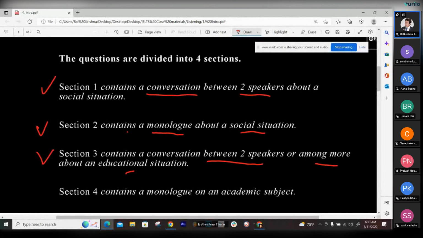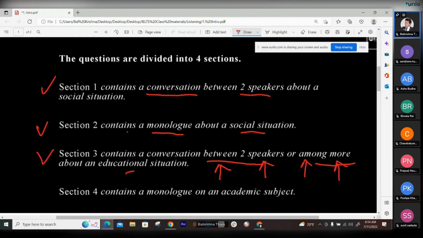A quick grammar tip here, my beautiful friends. You use between when you are talking about only two, and you use among when you are talking about more than two.